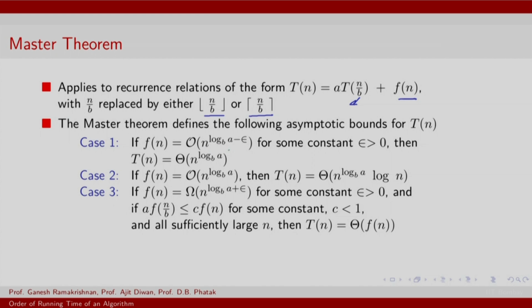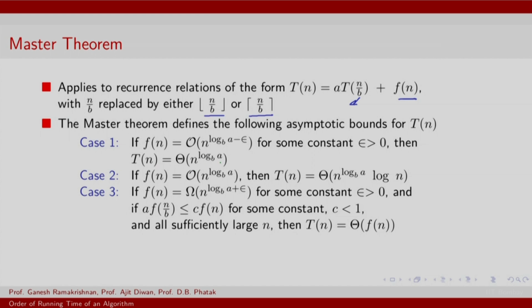This has something to do with the structure of the problem that is invoked to prove the master theorem, but in many cases this just turns out to be something like square or cube. So n raised to 2 is a very classic example. However, you need a small epsilon which is non-zero. In such a case, you can say that T(n) is theta of n raised to log to the base b of a.